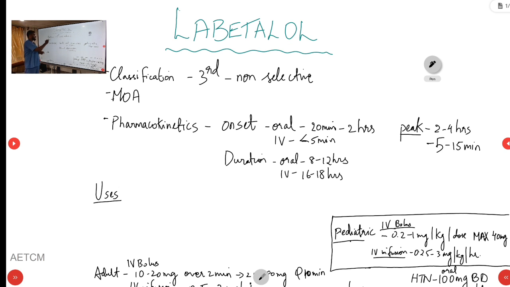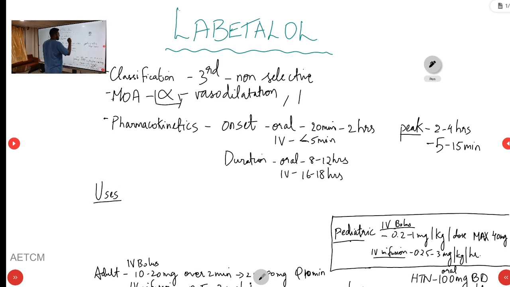The mechanism of action: it mainly blocks three receptors: alpha receptor, beta 1 and beta 2. When you block the alpha receptor, there will be vasodilatory action. So vasodilatation occurs due to the blocking of the alpha receptor by labetalol.